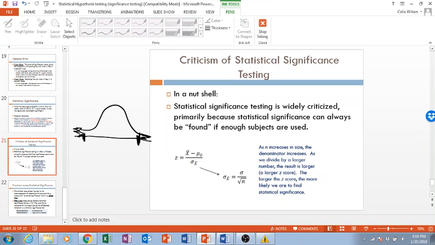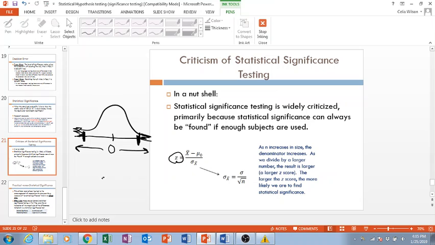Well, if I can somehow get my z to be bigger, it's going to push it out in the tail, because a z of 0 is right here in the middle, right? So the bigger z gets in absolute value, the further out in the tail it is. So if I can increase my z, then I can almost certainly ensure that I'll have statistical significance.